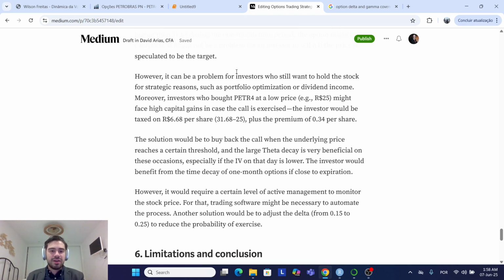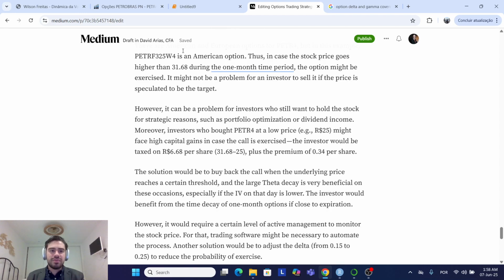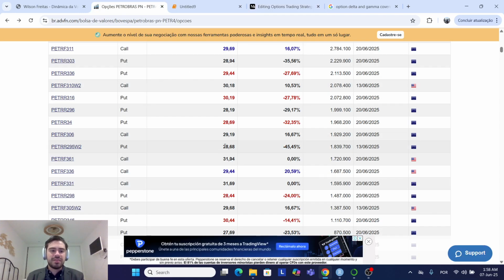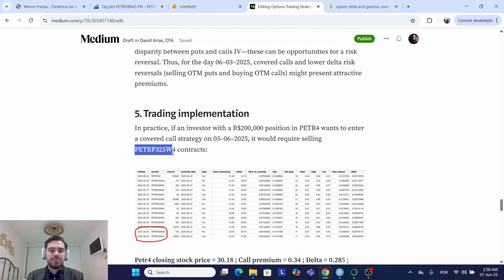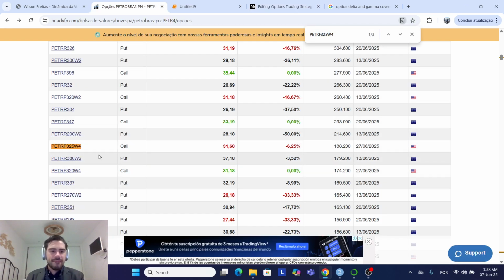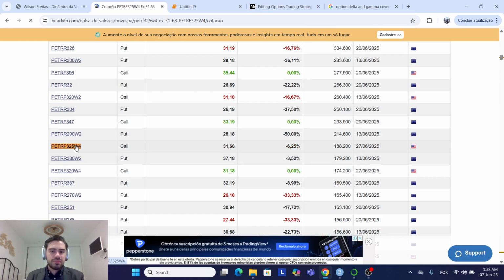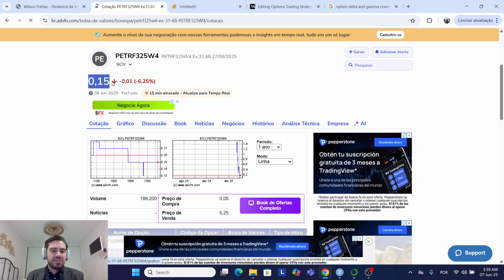And let's see how the price moved. Right now it's the 7th of June, so 4 days have passed. Let's get the contract. Yeah, so right now the price is less than half, 0.15.